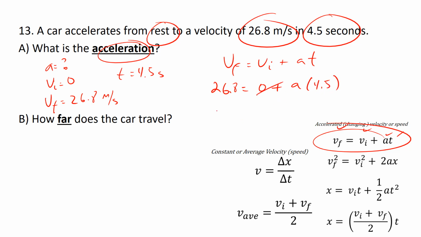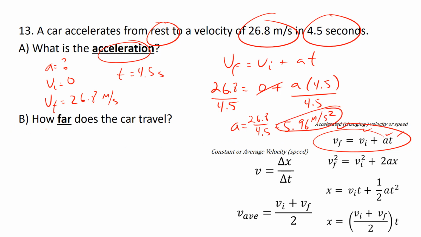This part cancels out and we get a equals 26.8 divided by 4.5. The acceleration here is 26.8 divided by 4.5. The answer is 5.96 meters per second squared.